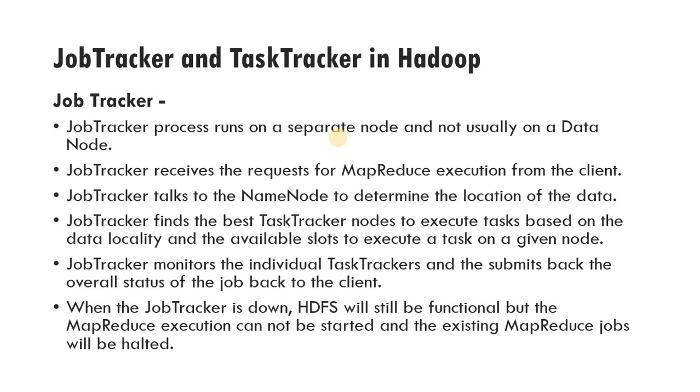JobTracker receives the request for MapReduce execution from the client. JobTracker talks to the name node to determine the location of data. JobTracker finds the best TaskTracker nodes to execute tasks based on data locality and available slots to execute a task on a given node. Suppose MapReduce provides one task, so the task is directly assigned to the JobTracker.